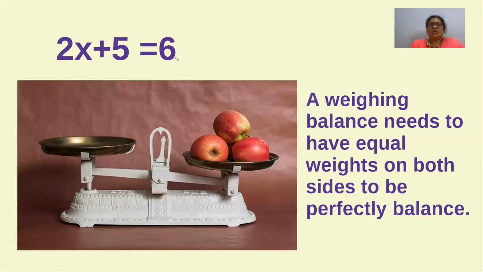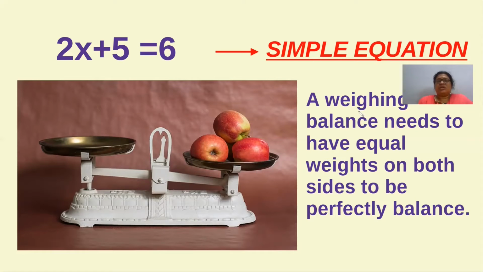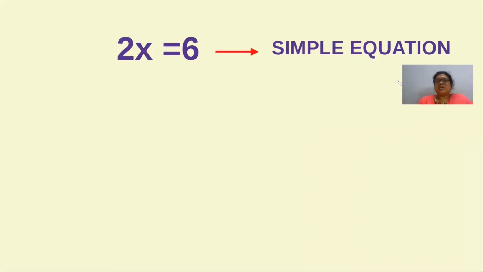Likewise, this is an equation. And you can say this one is a simple equation. And you can solve for the x value by making it equal on both sides. See, this is a simple equation. And you can call the left side part LHS and the right side part of the equality sign RHS.